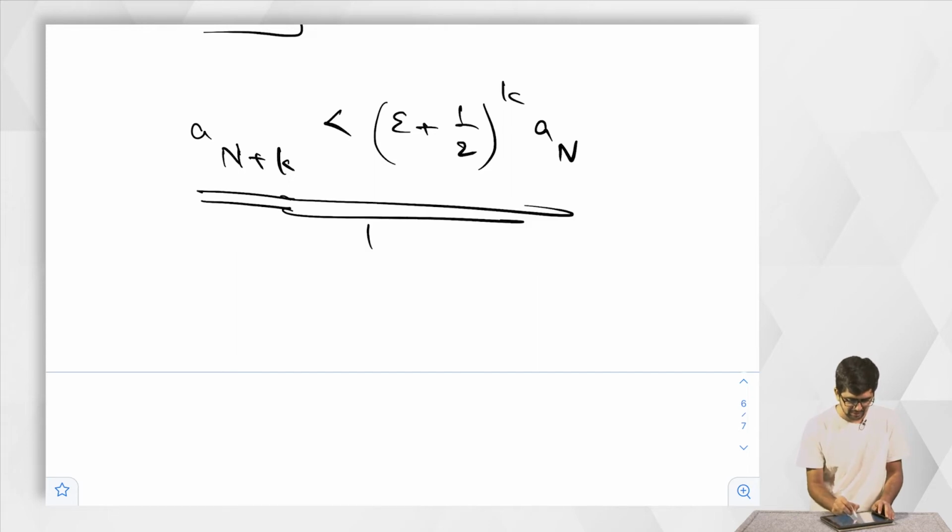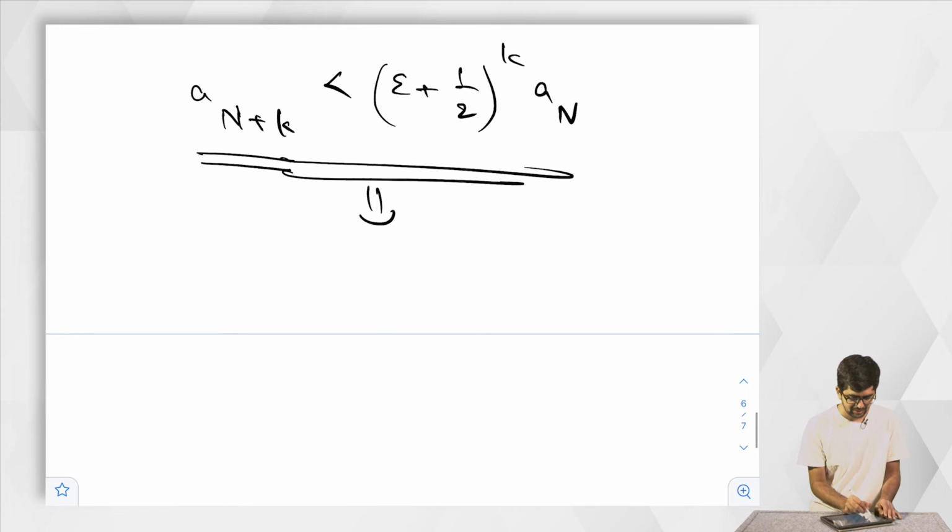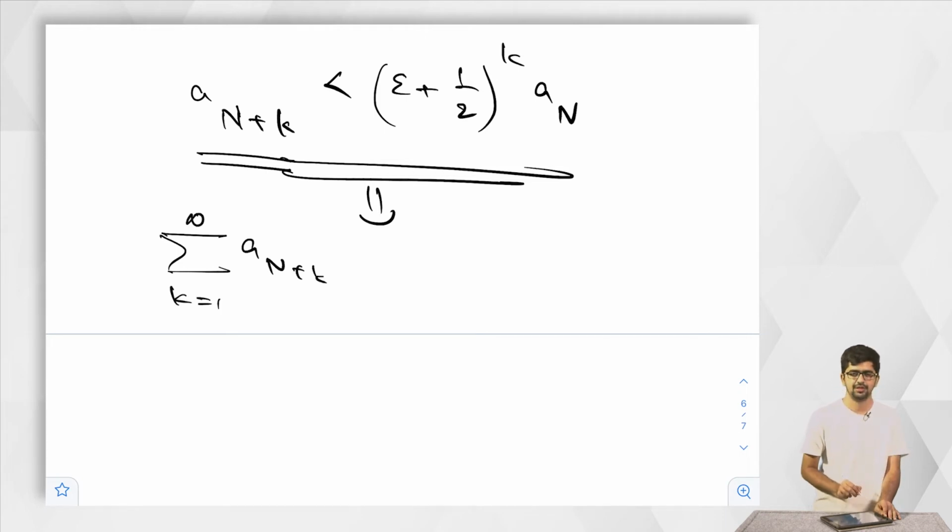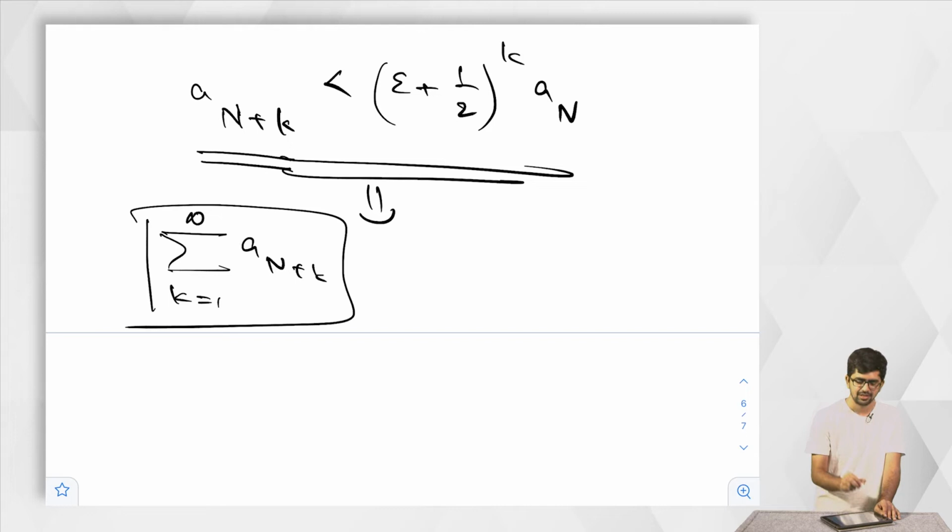This whole thing implies the summation of a_{n+k}, k equal to 1 to infinity, is convergent. Why? This candidate is less than 1. So the series associated to this fraction is convergent.